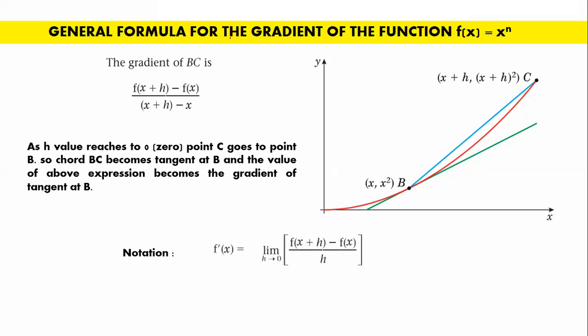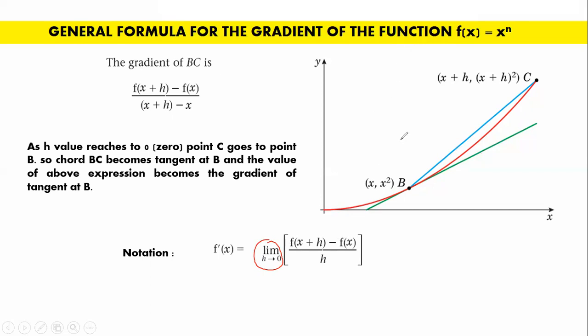Now we can denote this with the following notation. We know that the gradient of the tangent at B is called the derived function. So it can be denoted with f'(x). So we can define f'(x) as the limit as h goes to 0 of f(x plus h) minus f(x) over h. This part of the notation represents that the value of h is sent to 0.